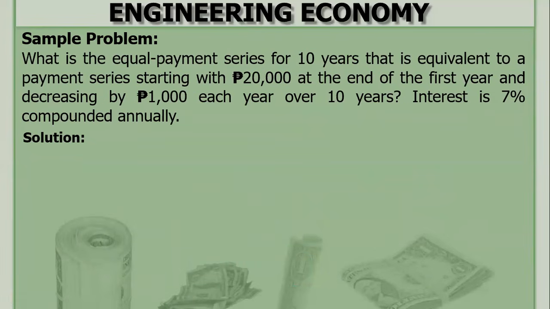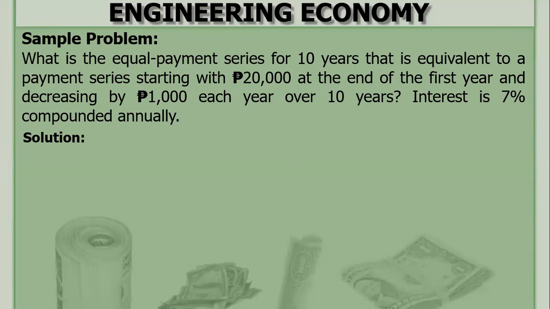Third problem. What is the equal payment series for 10 years that is equivalent to a payment series starting with 20,000 at the end of the first year and decreasing by 1,000 each year over 10 years?